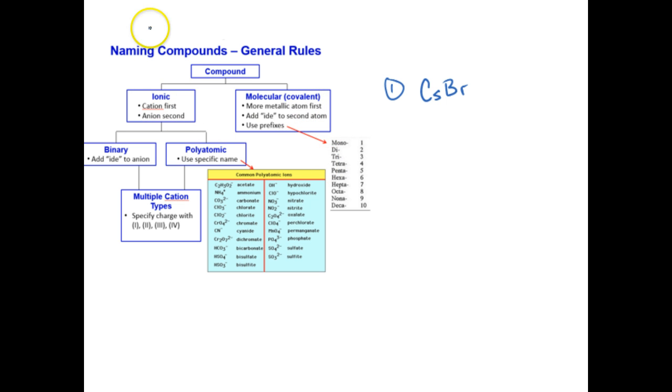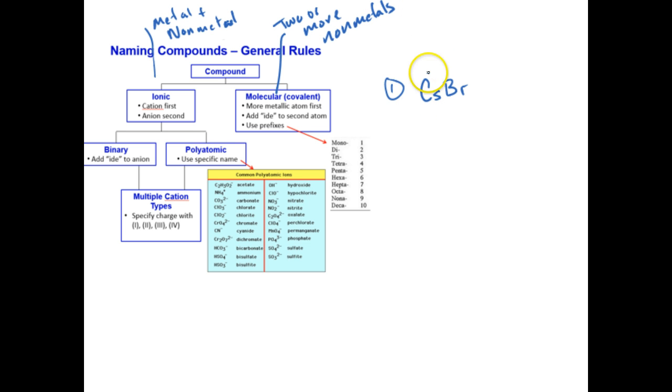The ionic compound, remember, is a metal plus a nonmetal. And the molecular is two nonmetals, so two or more nonmetals.